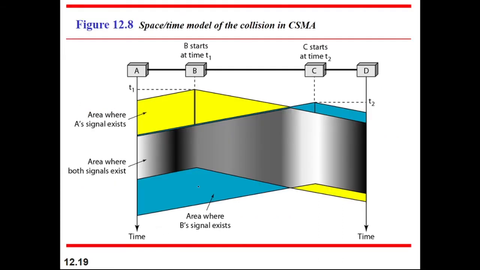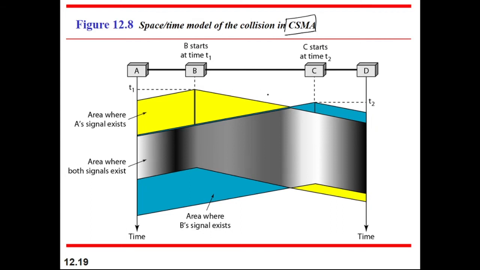This is the space and time model of the collisions in CSMA. CSMA stands for carrier sense multiple access. So now we will talk about CSMA. This is the first model of space and time, where we can show the collision area.